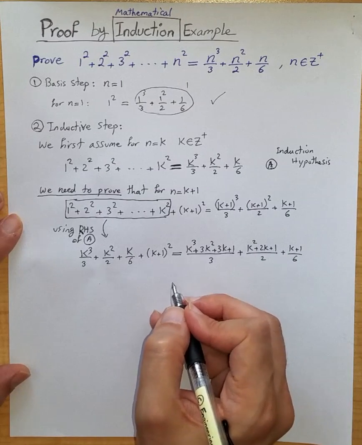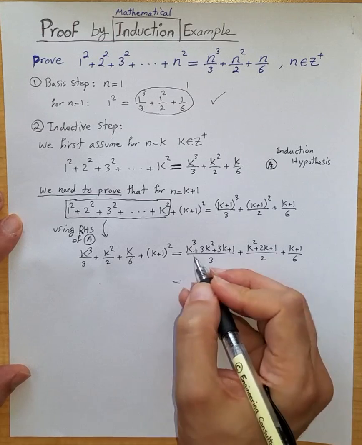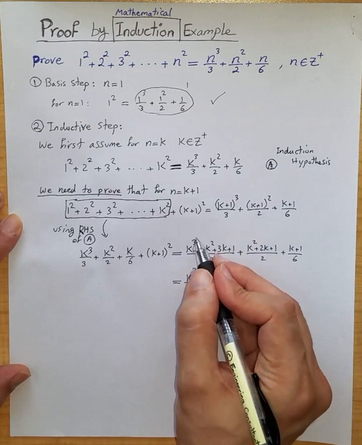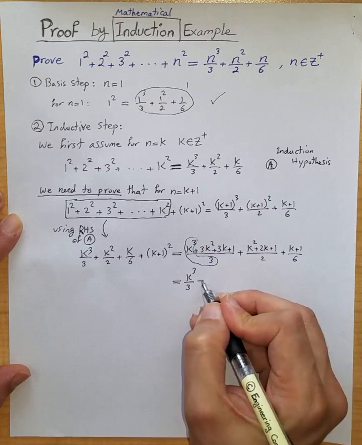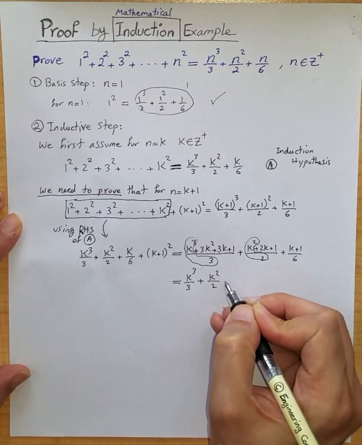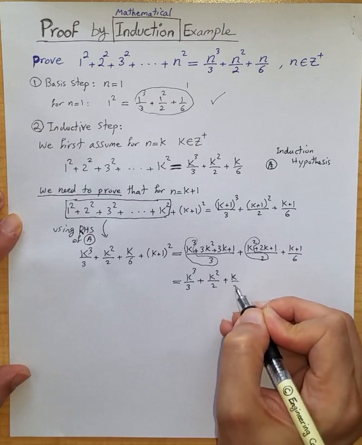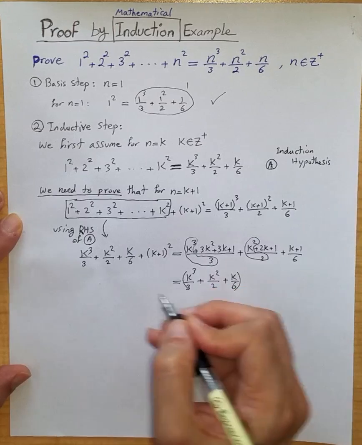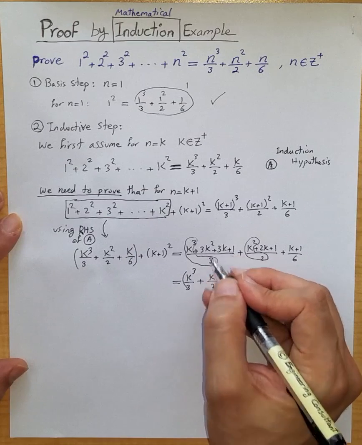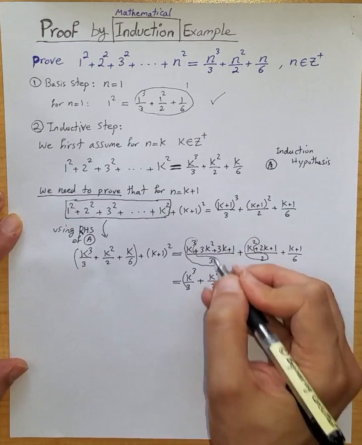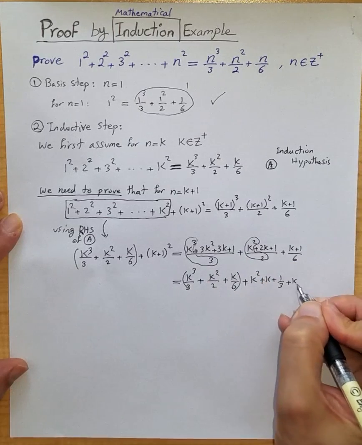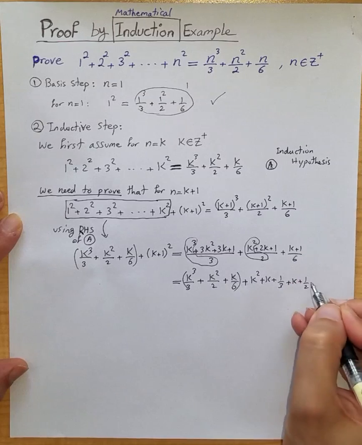So let's keep the k cubed over 3 from the first component, let's keep the k squared over 2, and let's keep the k over 6. That is very similar to this portion that we have on the right hand side. Plus 3k squared over 3 is k squared, plus 3k over 3 is k, plus 1 over 3, plus 2k over 2 is k, plus 1 over 2, and here only 1 over 6 remaining.